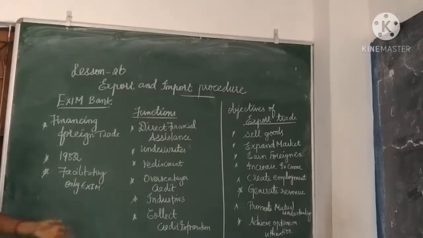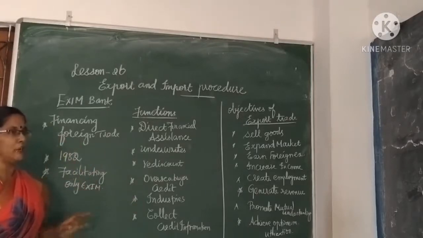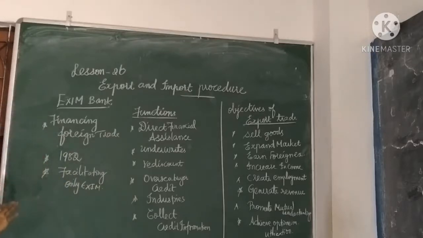Which industry does it finance? The industry which is oriented only toward export, they give export finance to that export-oriented industry. Then the Exim Bank collects and provides market and credit information about foreign trade to those who engage in international business.